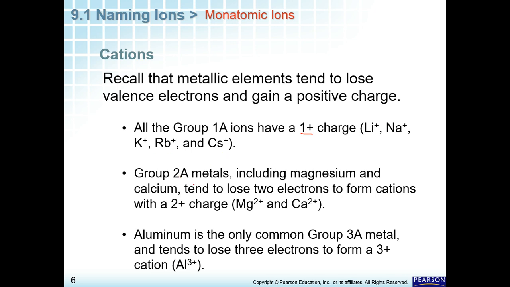Group 2A metals tend to lose the 2 valence electrons they have, rather than try to get 6 more. So things like calcium and magnesium tend to get a 2 plus charge. Aluminum, which is a common group 3A metal, is going to lose 3 electrons and therefore get a 3 plus charge.